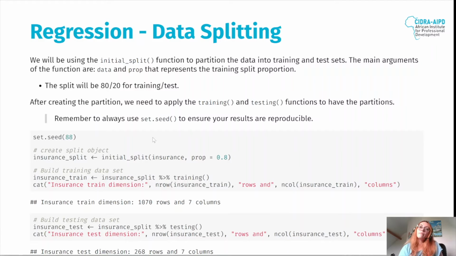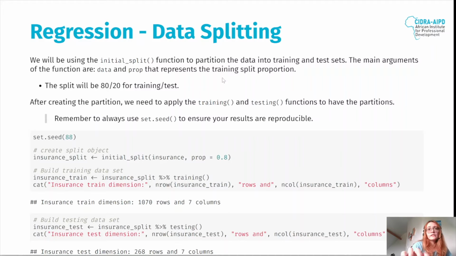So maybe row 1 was on the train set, but next time you run it might be on the test set. So you might not necessarily get the same results as I will when you do the example by yourselves. So that's why I'm setting the seed, and again, reproducibility is very important. So I recommend to always set the seed when running any model.